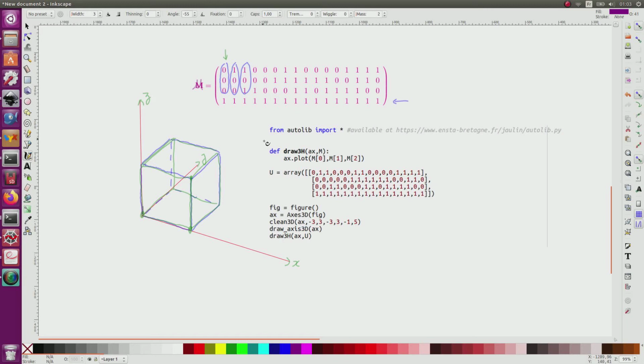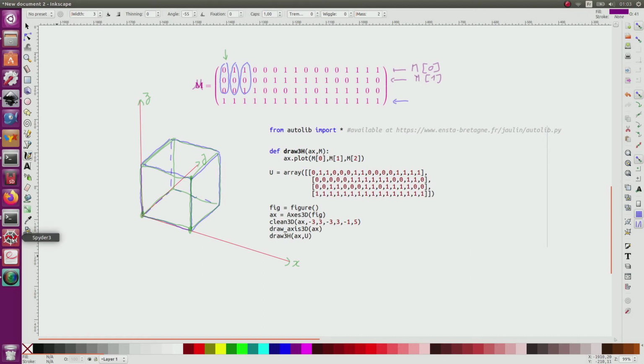So the drawing function is given here. It calls a plot of matplotlib, and it takes the 3 first columns. This one corresponds to m of 0, the second one to m of 1. So m here is u, since it is the argument of the function.